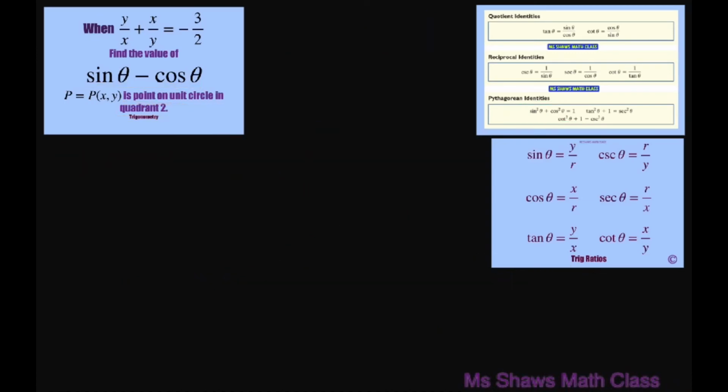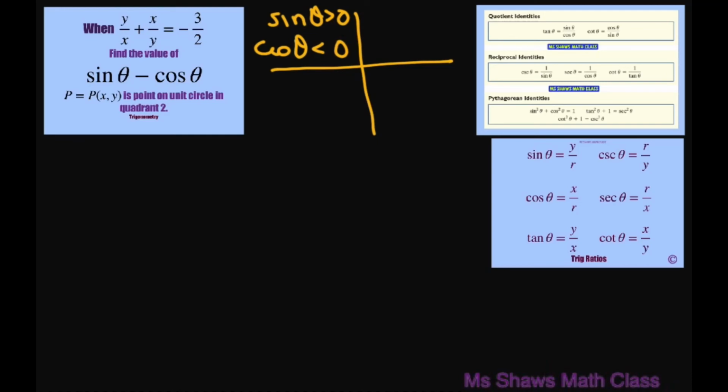So that means when you're in quadrant 2, your sine of theta is positive and your cosine of theta is negative. So basically when you have sine of theta minus cosine of theta, and our cosine of theta is negative, this is going to be minus a negative.